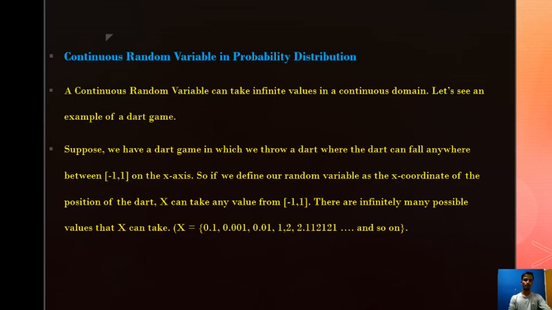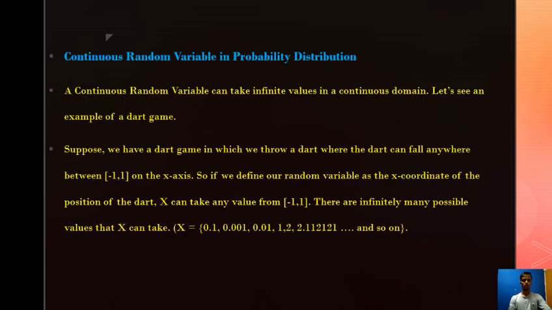If we define our random variable as the x coordinate of the position of the dart, x can take any value from -1 to 1. There are infinitely many possible values that x can take, such as 0.1, 0.001, 0.01, 1, 2, 2.112 and so on.